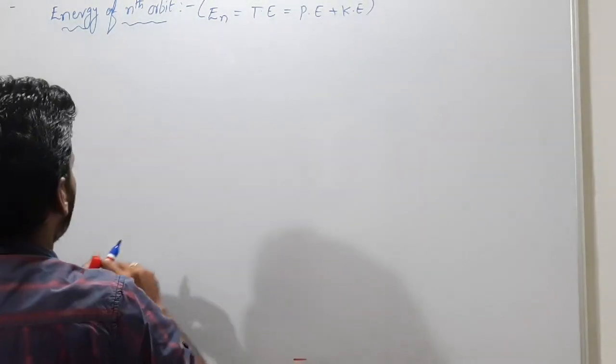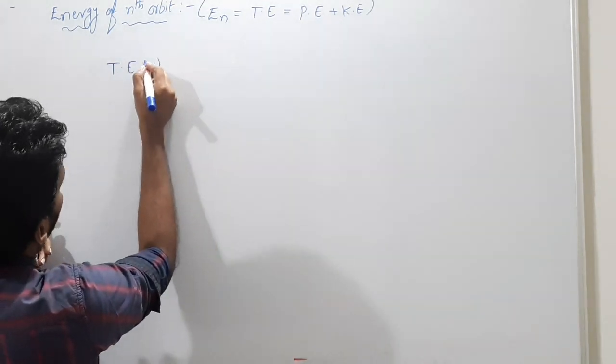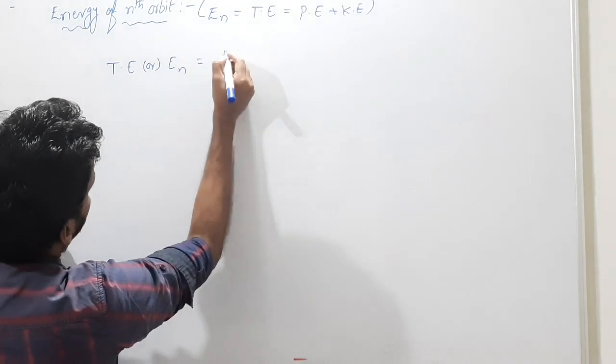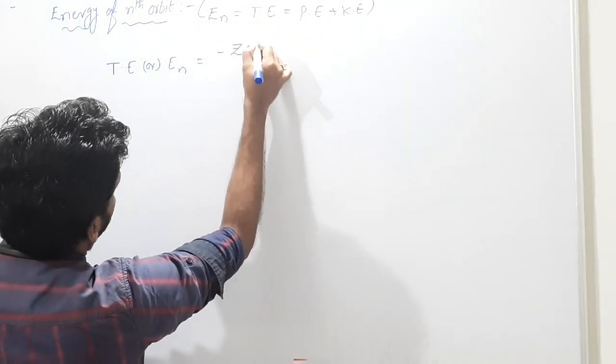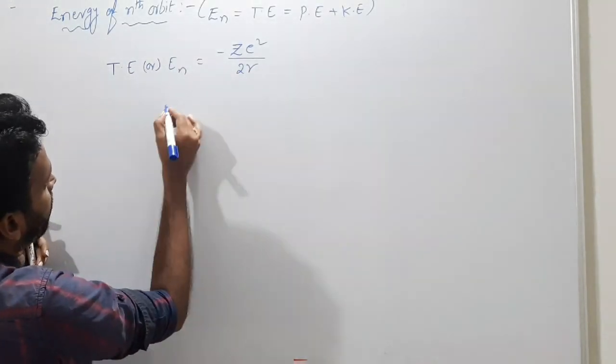So the total energy formula, which I just gave: what is the total energy, or the energy of the nth orbit? It is minus Ze square by 2r, right? So what is the radius?